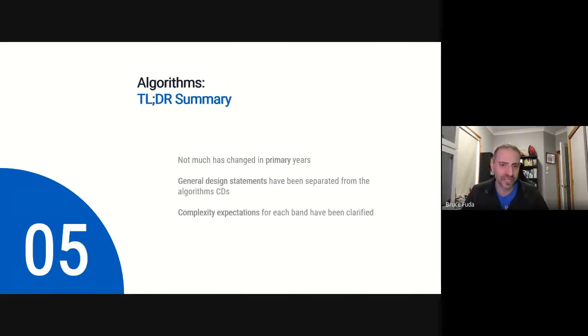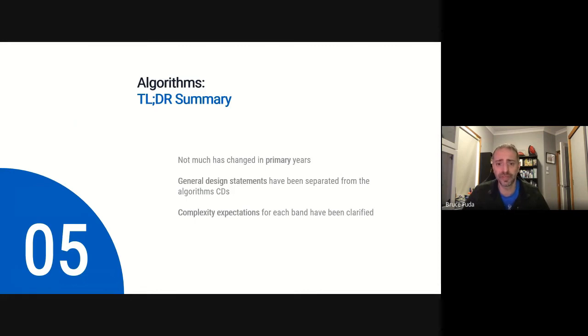So TLDR, if you're a primary teacher, algorithms hasn't really changed a lot. And rereading the content descriptions just to make sure that you're clear on how close your program matches the expectations is probably going to be all you need to do in that space, maybe with a few tweaks here and there.